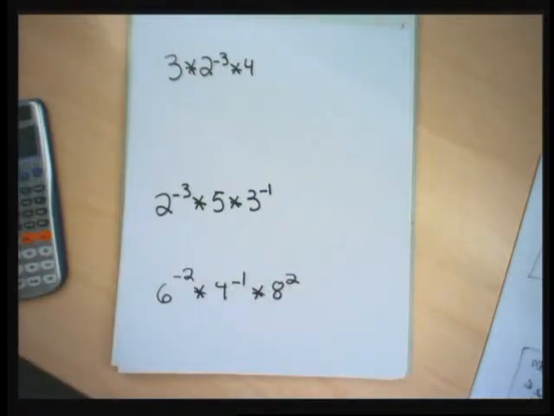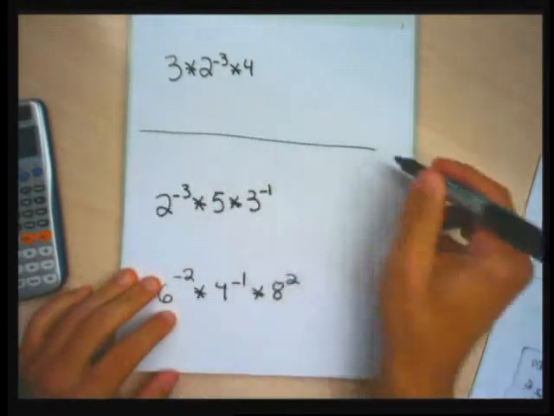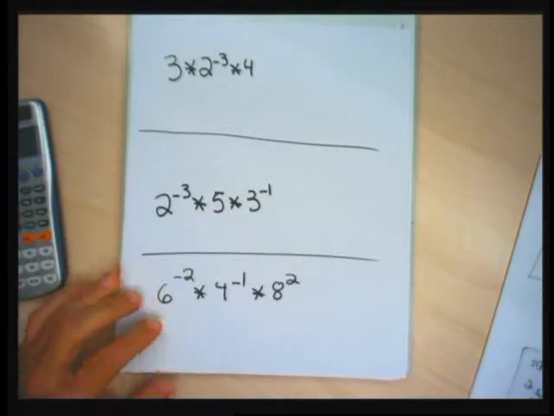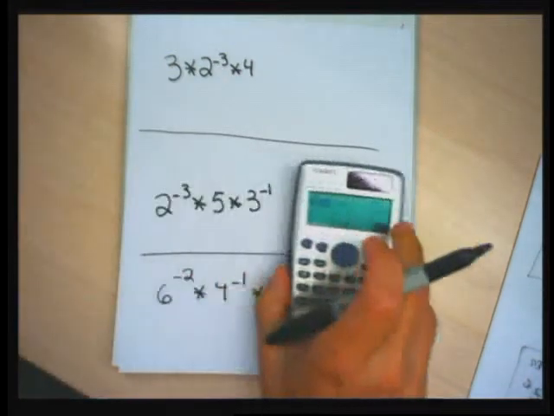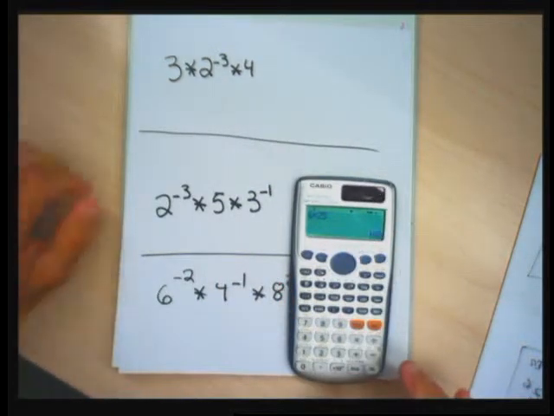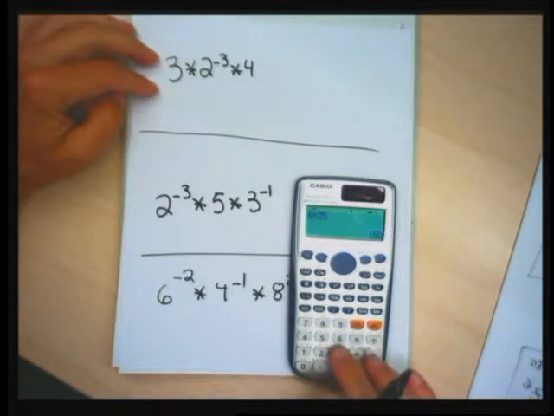Each one of these problems I should be able to figure out what it equals just by blindly pressing buttons, because each one of these three problems is lacking letters and my calculator smokes these. So I'm going to do each one of these three, figure out what they equal, and then talk about, if I didn't have a calculator, how I might try to reduce them.